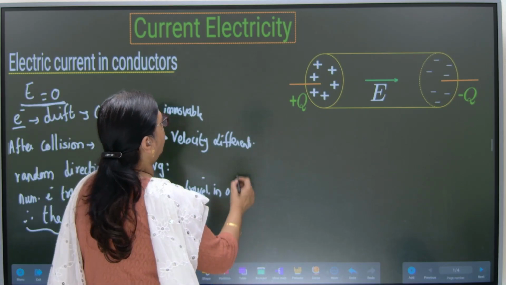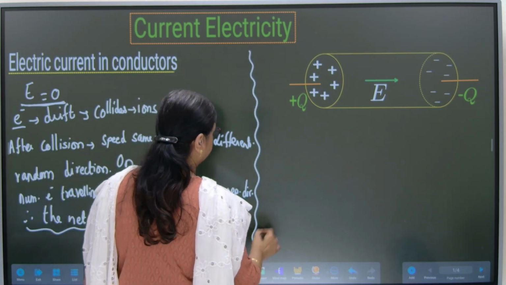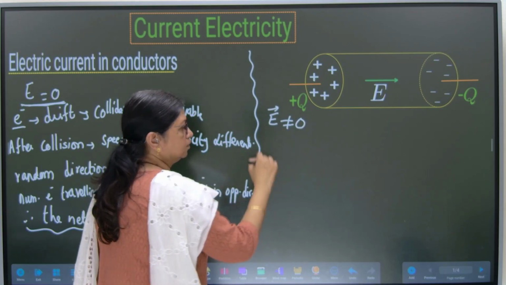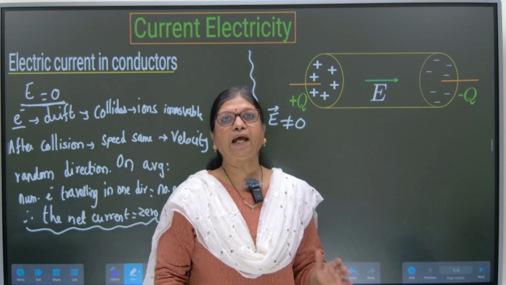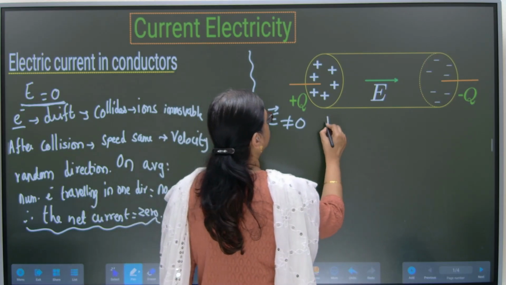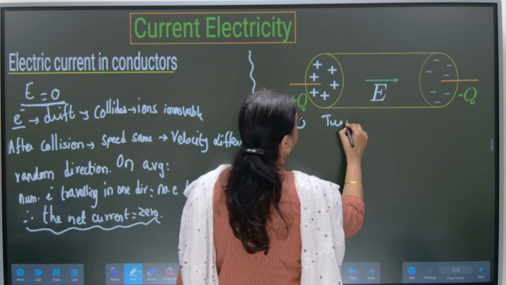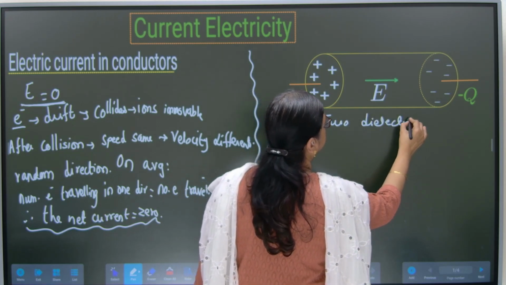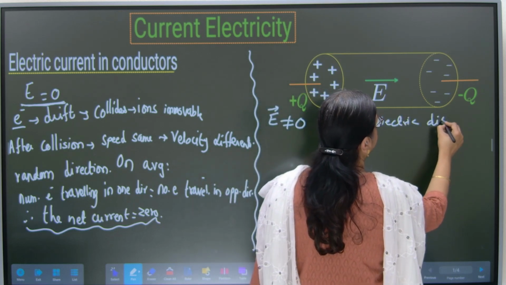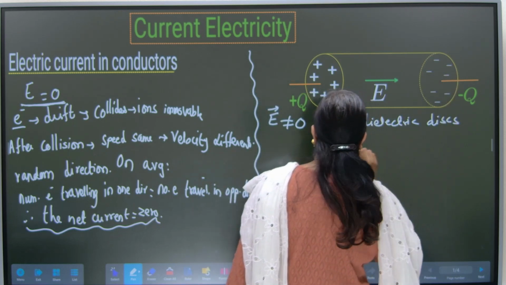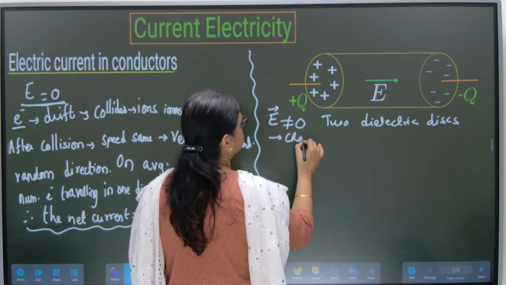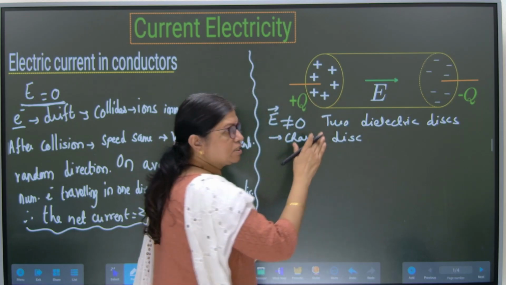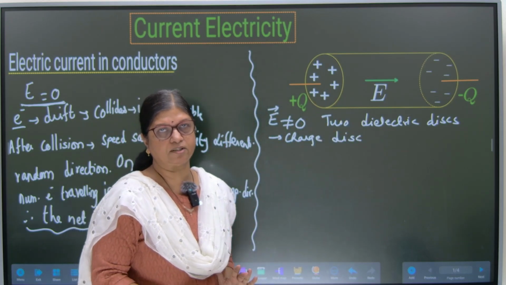Now let us apply an electric field to the conductor, by placing two dielectric discs on its plane surfaces and charging these discs, one with a positive charge and the other disc with a negative charge.